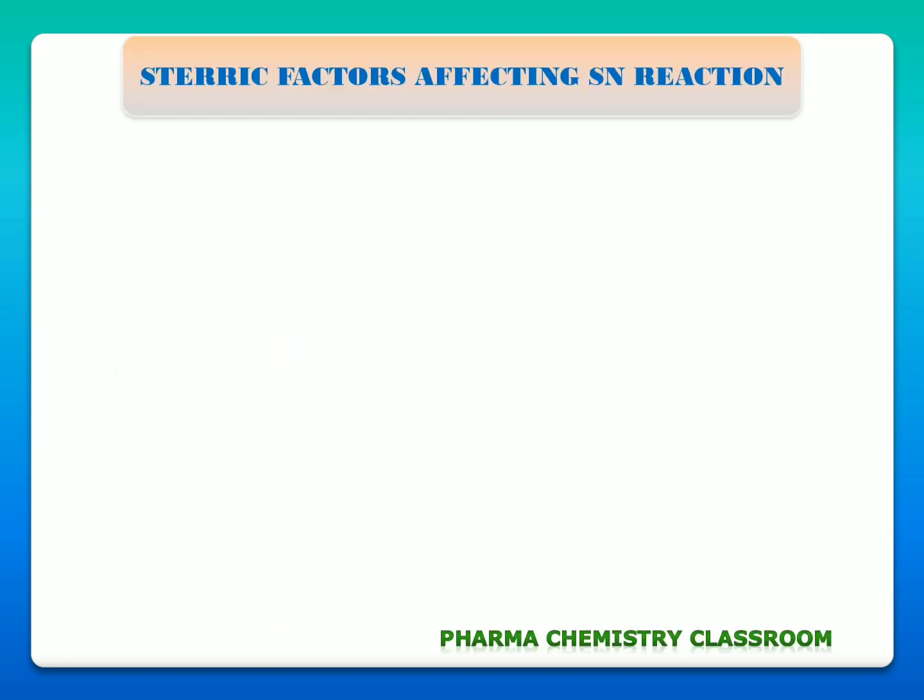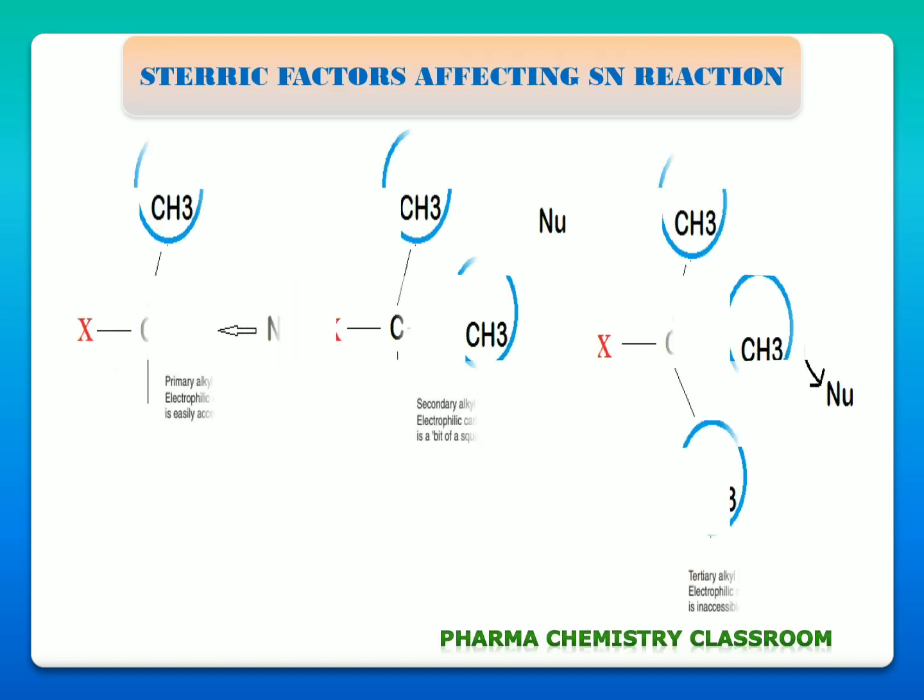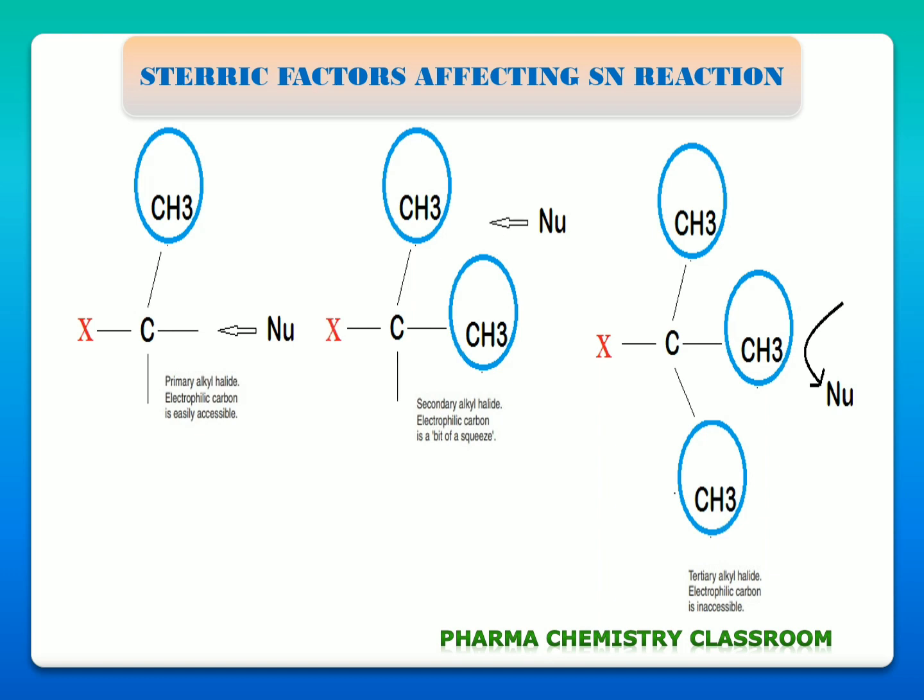That you can see here. This clearly explains if the steric hindrance is increasing, the nucleophile cannot come and attach on the alkyl halide. Here there is no steric hindrance. Nucleophile can directly come and attach on the carbon bearing halogen, and here it is somewhat okay, but here it is very difficult because there are bulkier groups attached on tertiary alkyl halide.